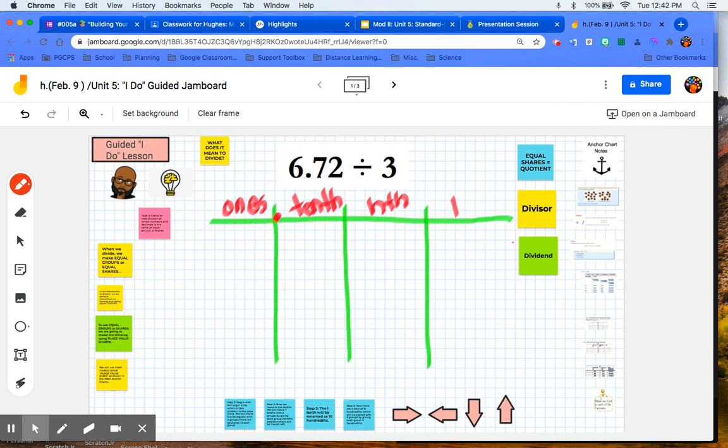And if I need it, thousandths, and I'm going to say TH here. Because in my dividend, I have ones, tenths, and hundredths. No thousandths. So for the sake of today, let's erase this thousandths over here. Don't want to confuse you.